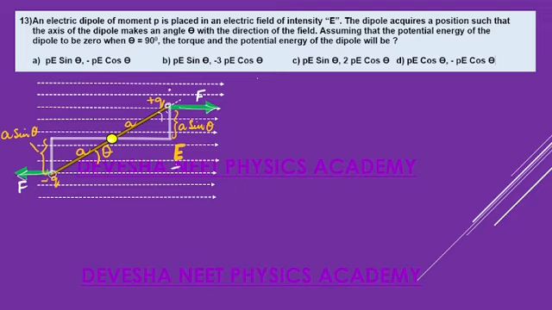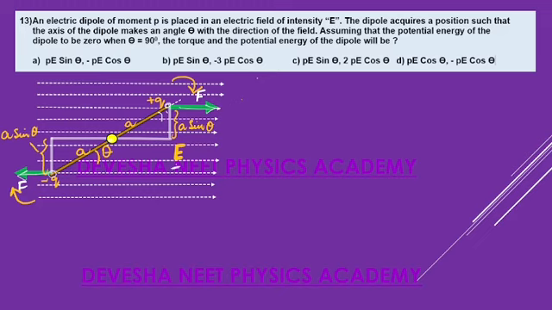Because of this there will be a torque, and that is what we are discussing here, how the torque is formed. Because of this force here and this force here, there will be a torque which will try to rotate this dipole in this direction. We need to find the magnitude of this torque.